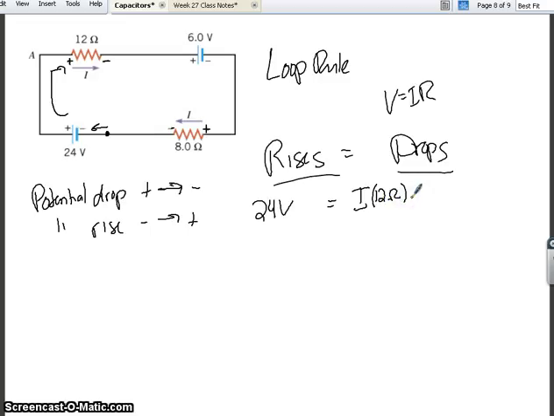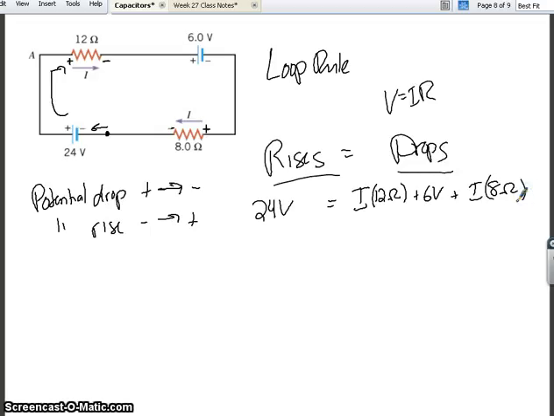This battery, positive to negative, is also going to be a potential drop, plus 6 volts. And then I times 8 ohms, since we don't know what the current is.